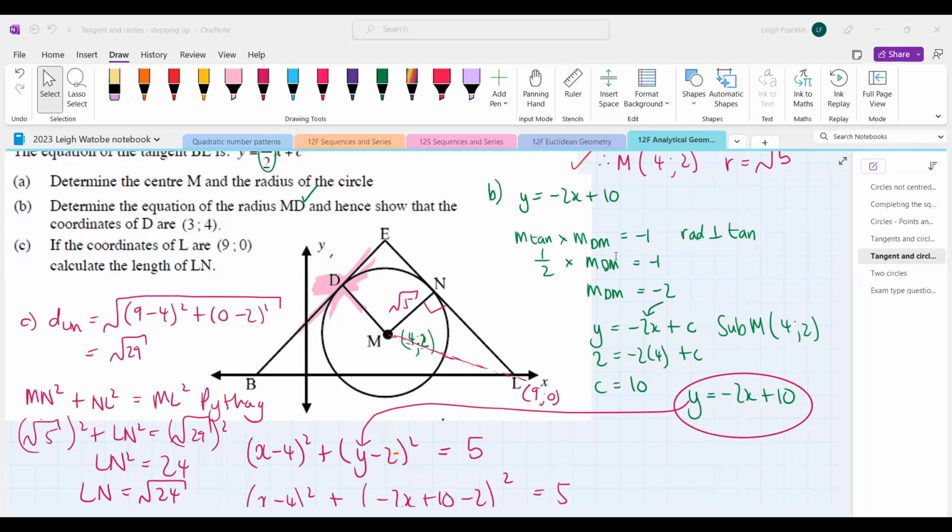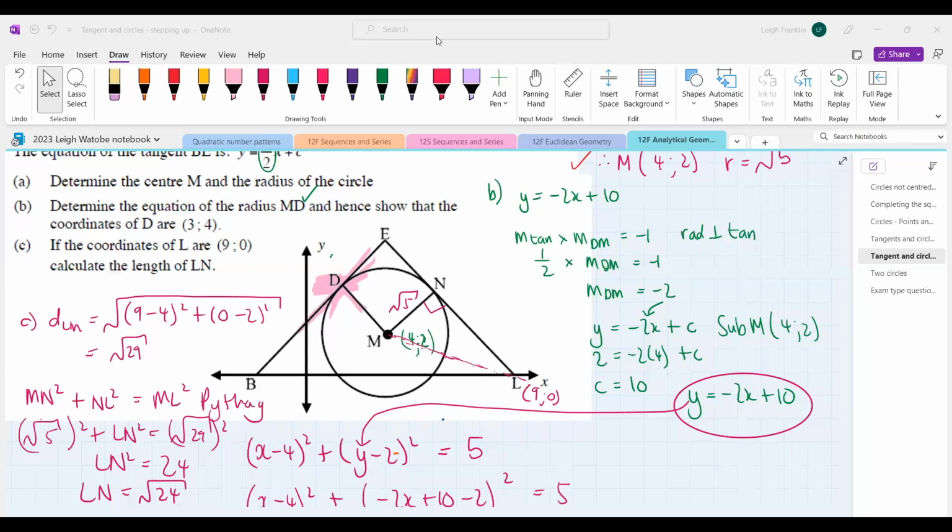Can I ask a question? Yeah, of course you can. Is it possible to be given the equation of the circle as negative x squared, maybe? No, it's not possible with a negative. The coefficient can change.